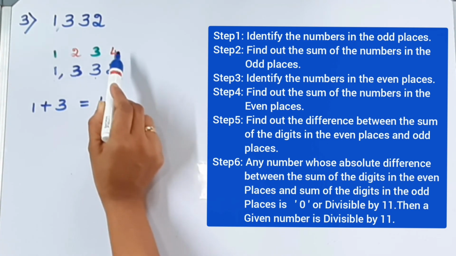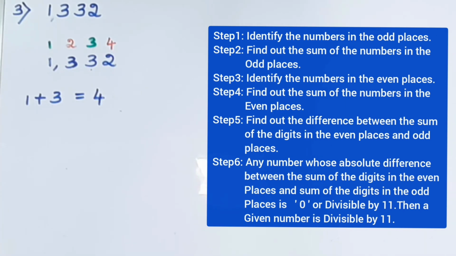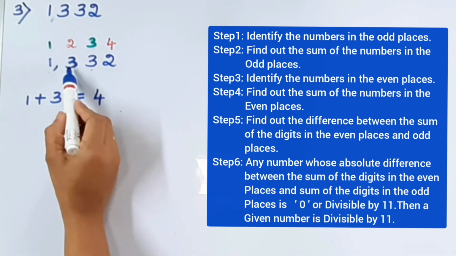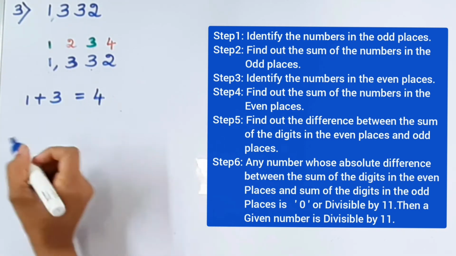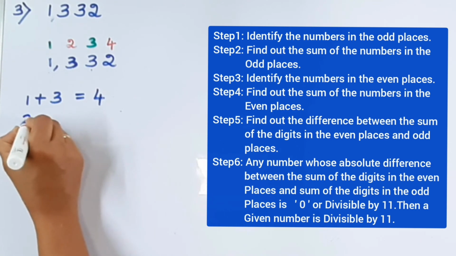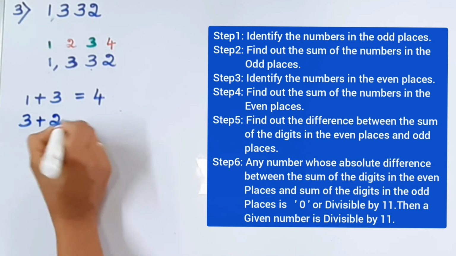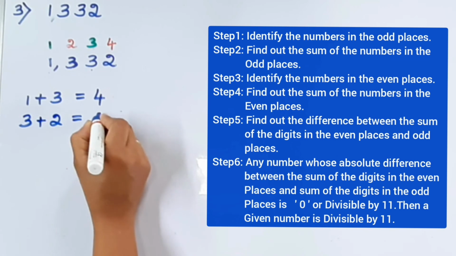They are in the even places. Now let's find the sum of the numbers present in the even places. That is 3 plus 2. 3 plus 2 is 5.